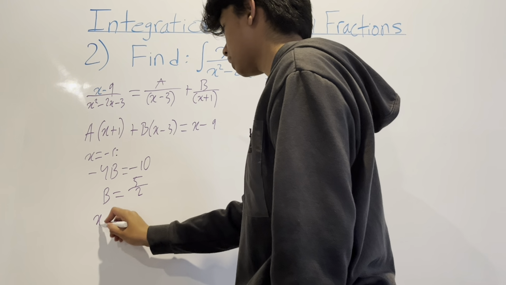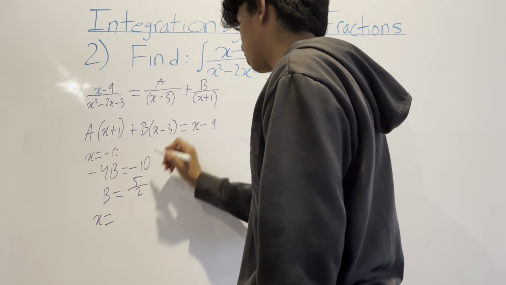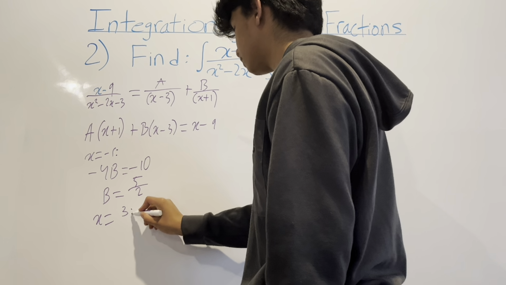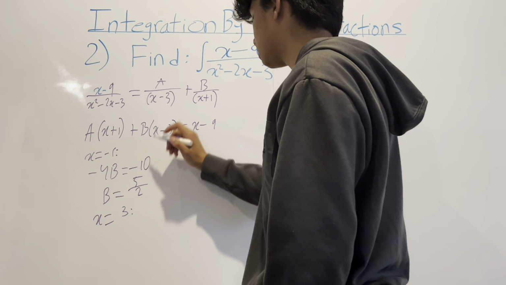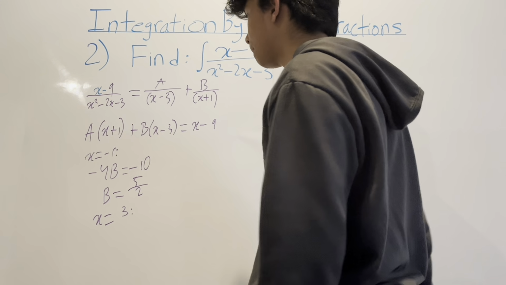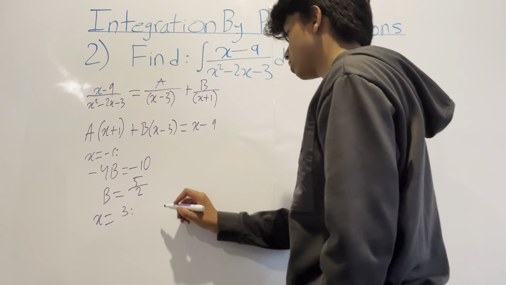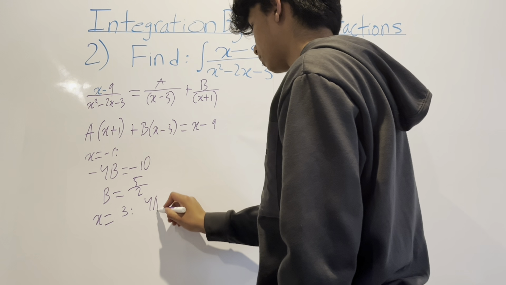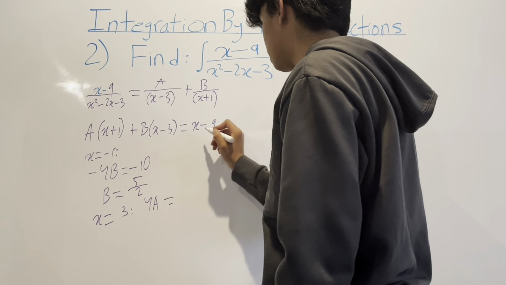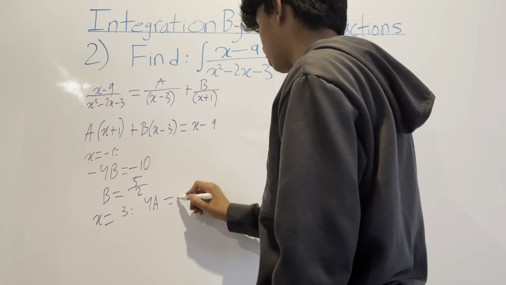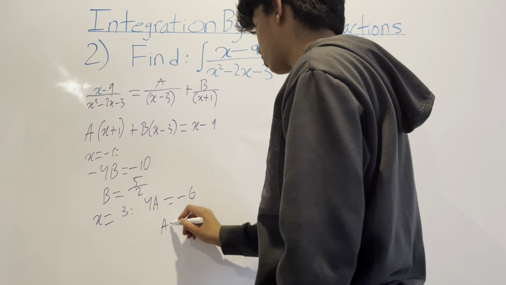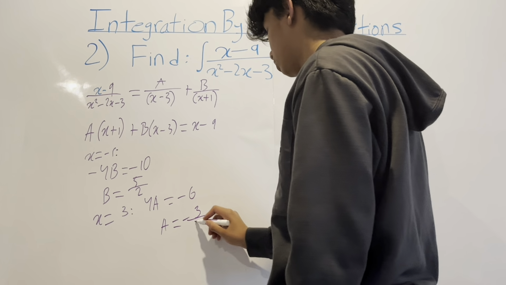And then if we set x minus 3 equals 0, so x equals 3, then this will cancel off, and A will be A times 3 plus 1 is 4, so 4A equals 3 minus 9, which is negative 6. A equals negative 3 over 2.